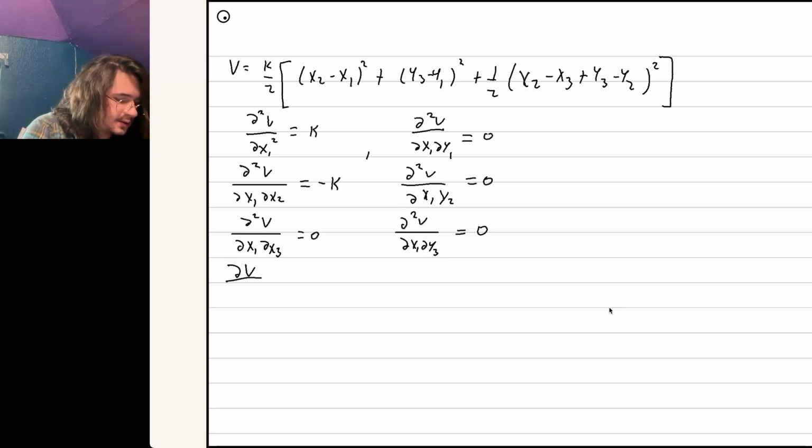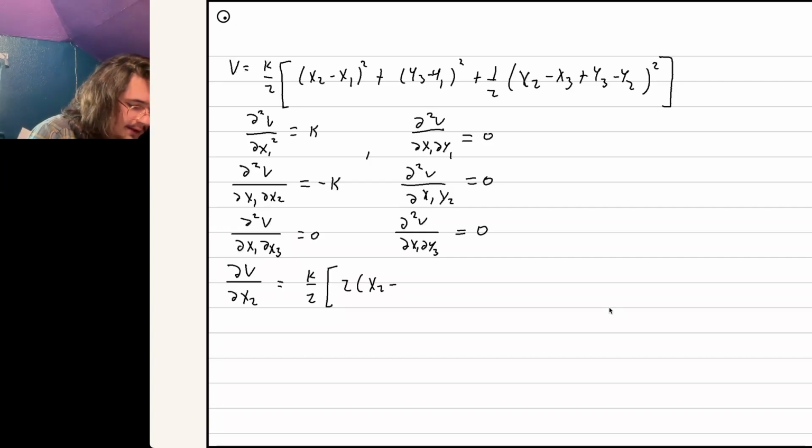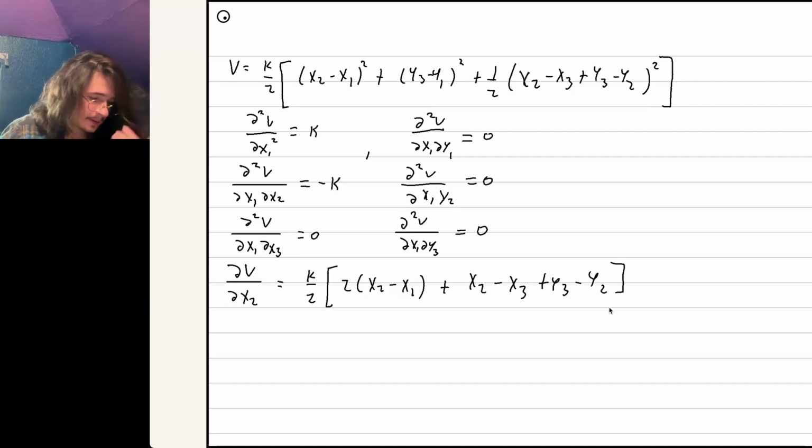Going straight to x2, which is going to have k over 2. We're going to have 2 times x2 minus x1 plus x2 minus x3 plus y3 minus y2. Okay.